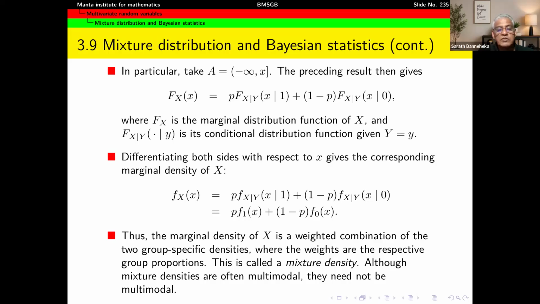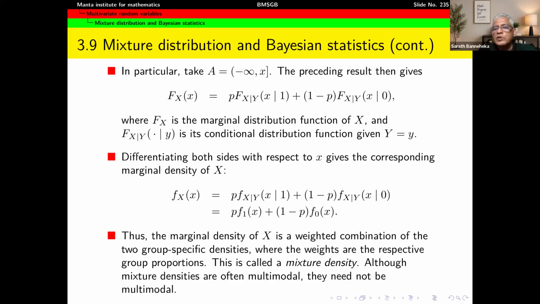Although mixture densities are often multimodal, they need not be multimodal always. Usually, if the two group-specific density functions are quite separated, then the mixture will have several modes.